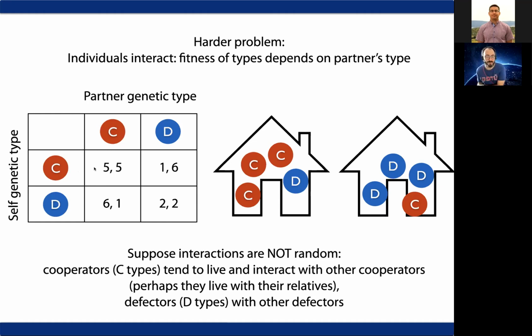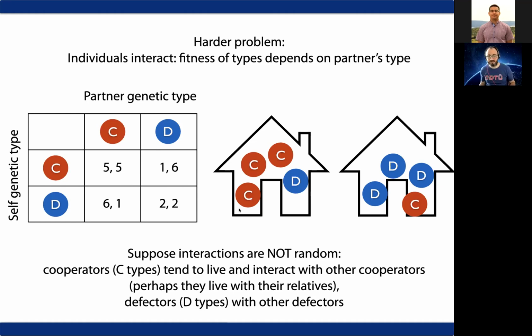And cooperators interacting with cooperators both get the benefit, 2 plus 4, which is 6, but they also pay the cost, minus 1, which is 5. So this is the same type of interaction as before. The only difference is that the baseline fitness is 2 instead of 1, and I just put numbers to B and C: B is 4 and C is 1.